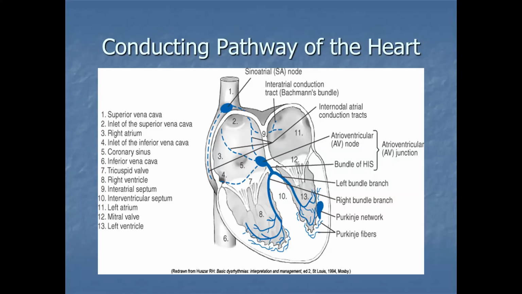The good news is the AV node is enough to sustain life. The bad news is it conducts at a slower rate than the SA node. And then going down further, the bundle of His all the way down to the Purkinje fibers.